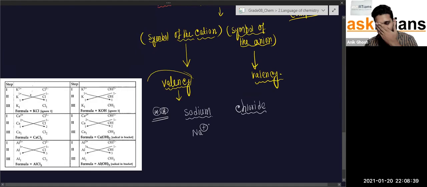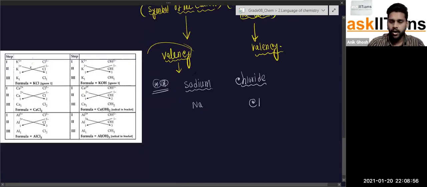Forget about the charges for now. First sodium and the chloride. Chloride is something which is coming from chlorine only, right? Now, we are going to write the valencies of both of them. The sodium valency is 1, and the valency of chlorine is also 1, isn't it?